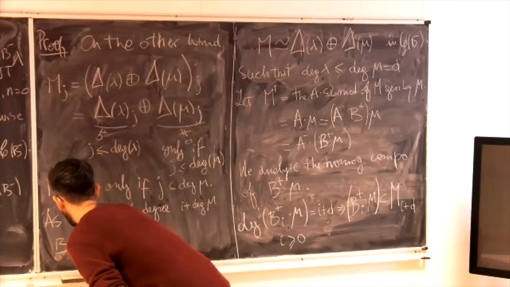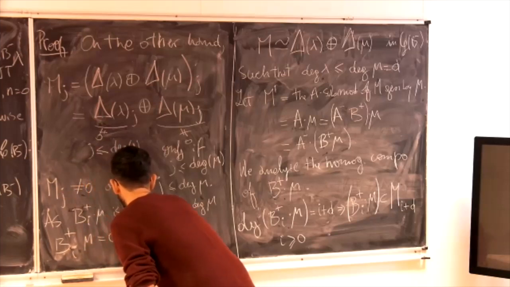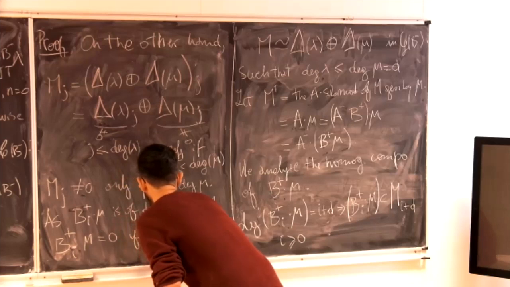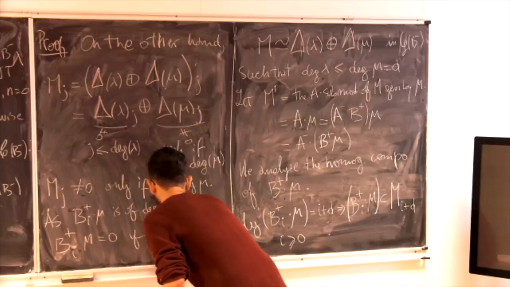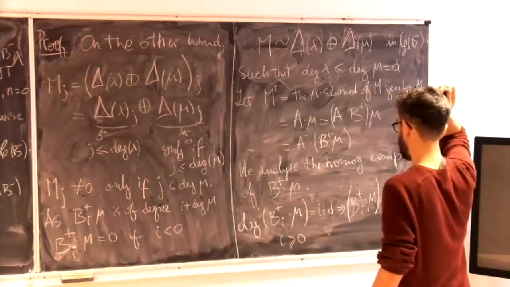B plus, the homogeneous component of degree I acting on mu, is 0 if I is strictly bigger than 0.